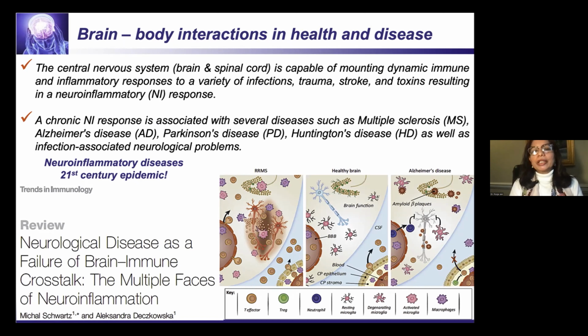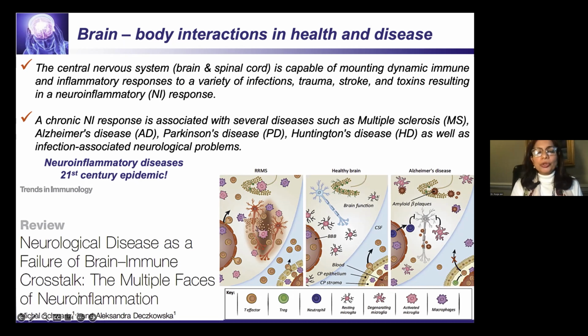Because now we know that our central nervous system, including both brain and spinal cord, is capable of mounting dynamic immune responses against infection, trauma, stroke, and toxin. Collectively, we call them NI responses, or neuroinflammatory responses, which are associated with several diseases such as multiple sclerosis, Alzheimer's, Parkinson's, Huntington's, as well as HIV and other virus-associated neurological complications.